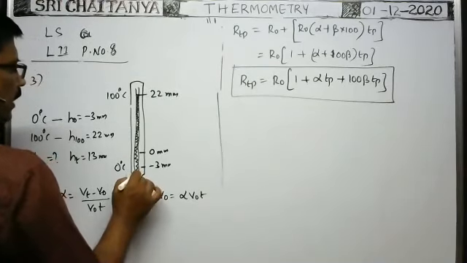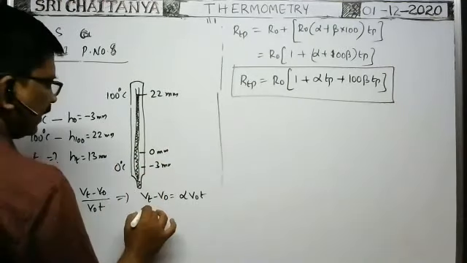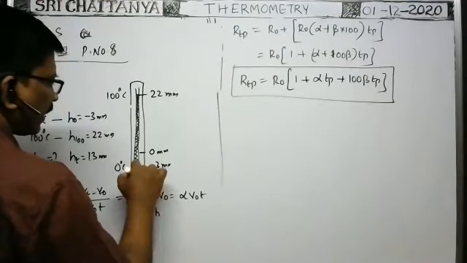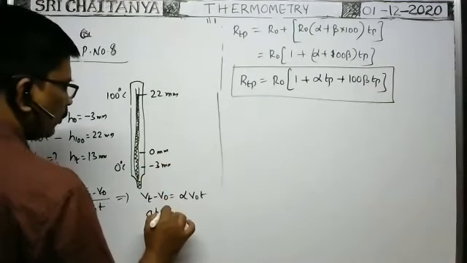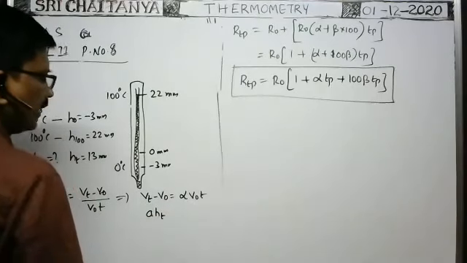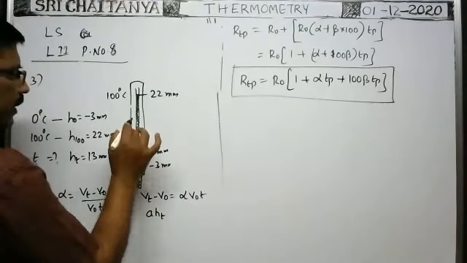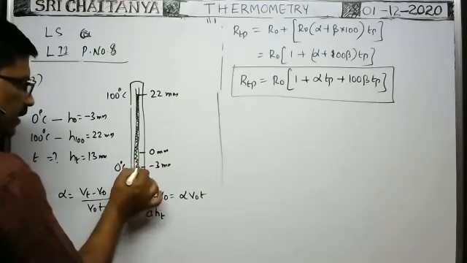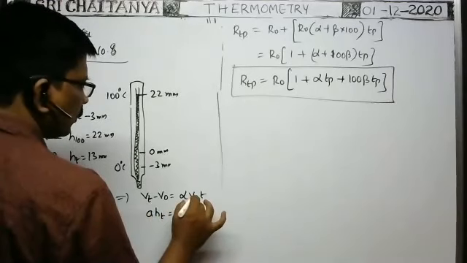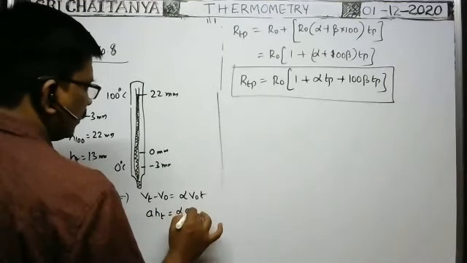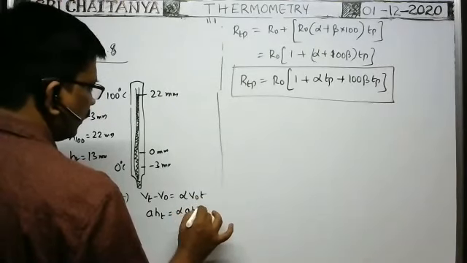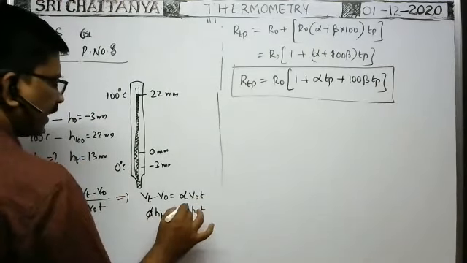Increase in volume means, suppose the mercury level rises up to a certain height, then area of cross section into the height up to which the mercury level rises is equal to the increase in volume. HT is the height up to which the mercury level rises, into the area of cross section of the bore. That gives the increase in volume of the mercury, which is equal to alpha into V naught, area of cross section into height of the mercury column at 0 degrees centigrade, H naught, into T. Okay, here A cancels.